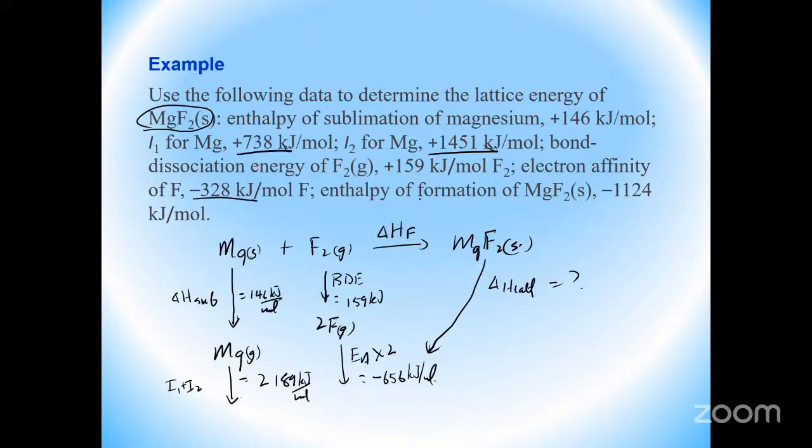Right here. So this is equal to minus 1124 kilojoules, right? Okay, so basically we have everything we need to calculate delta H lattice, or lattice energy. So going from here to here is the same thing as adding all of this together.